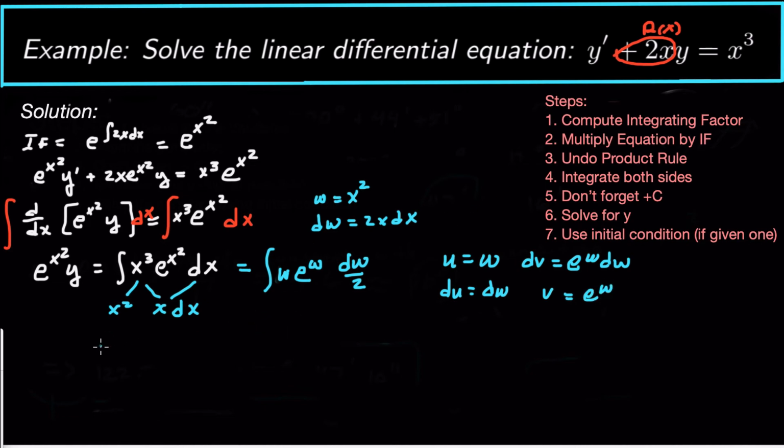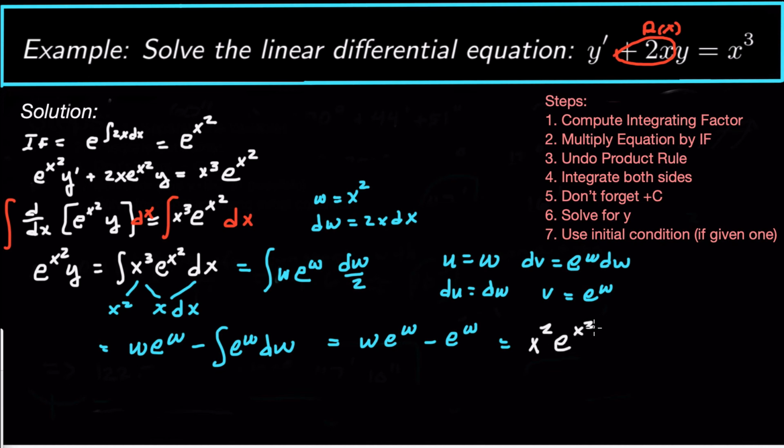And this is going to become w e to the w minus the integral of e to the w dw, which will be w e to the w minus e to the w, which, if we turn that back into x's, is going to be x squared e to the x squared minus e to the x squared plus c.